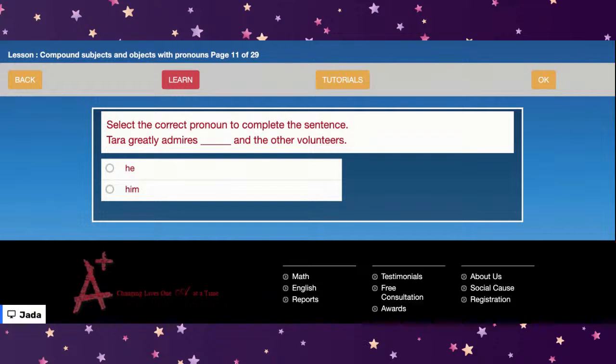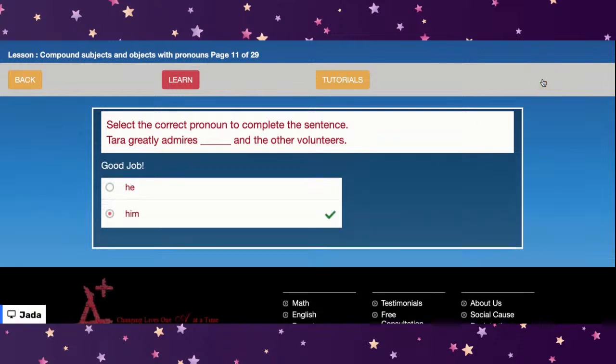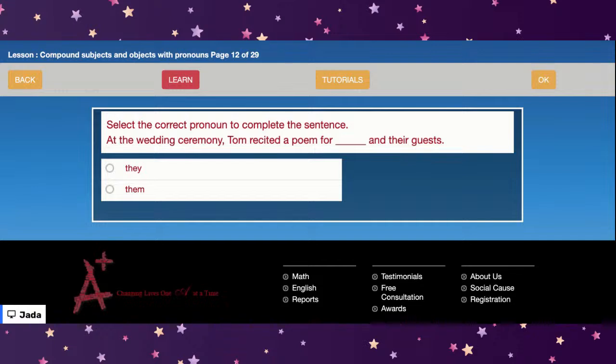Greatly admires Dash over the other employees. So, greatly admires him and the other employees. All right, so that's it for subject and object pronouns. If you've not done this lesson before, try as much as possible to complete this lesson. Okay?